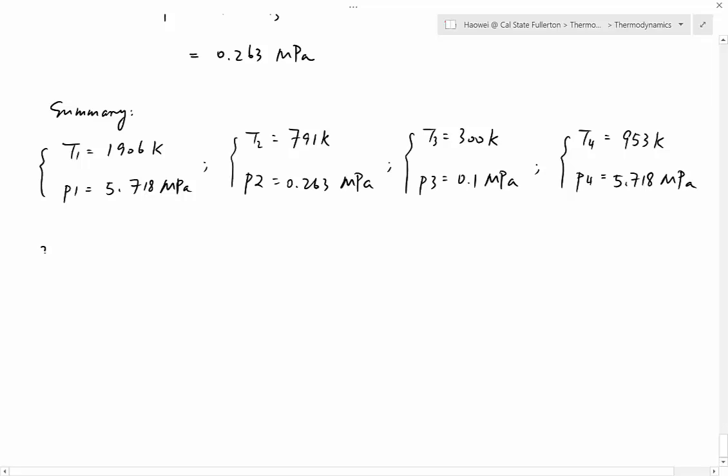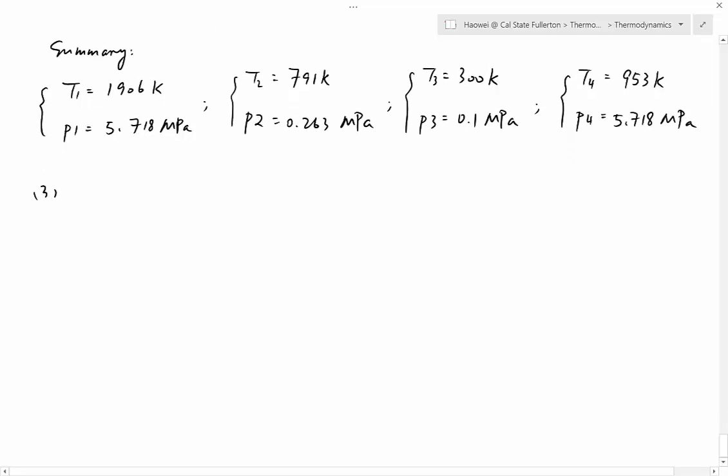And part 3 is actually very easy. Part 3 is to look for efficiency, and we do have an equation for that. Copy down this equation.